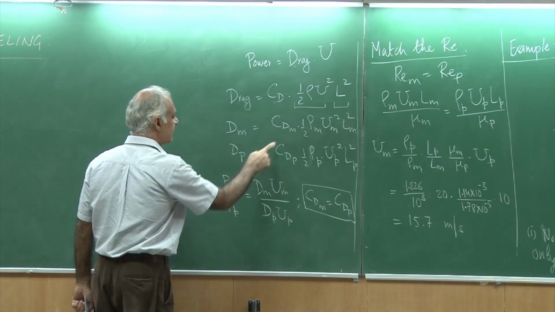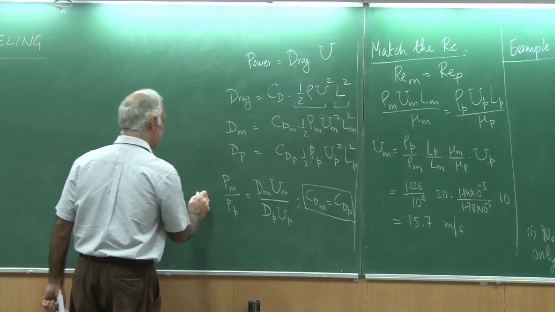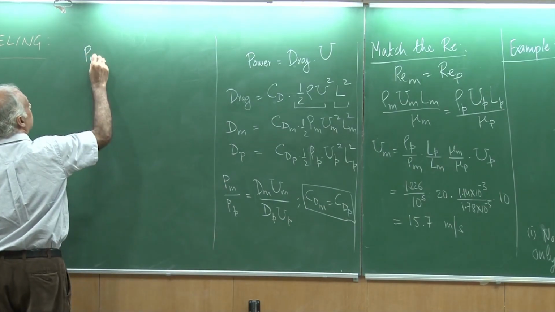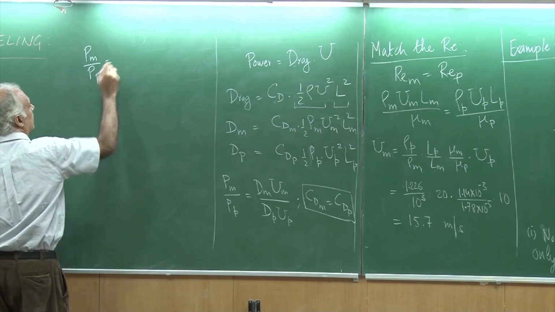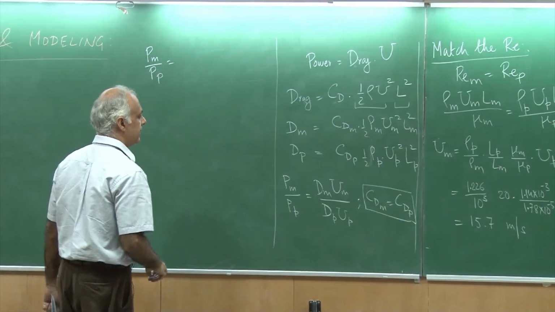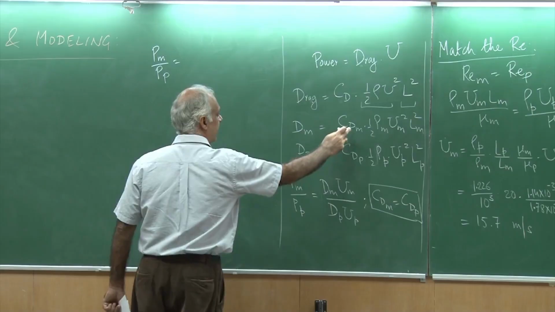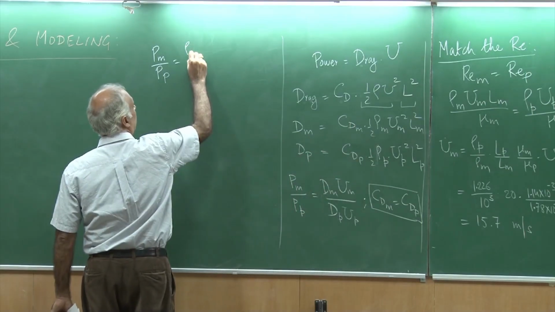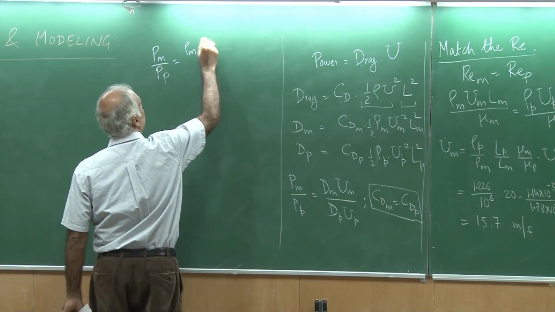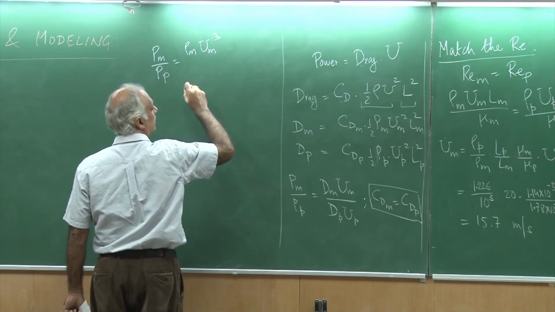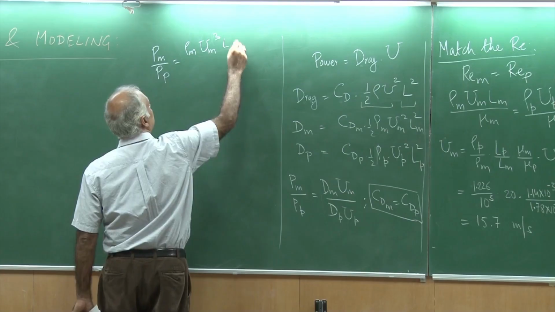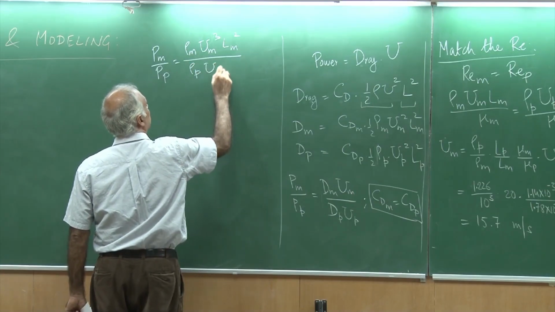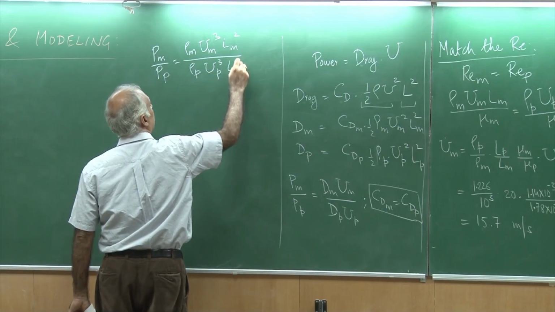So if I plug these expressions over here, then Pm by Pp would imply that, so I can get rid of these, and I would get rho m um cube Lm square divided by rho prototype u prototype cube and L prototype square.